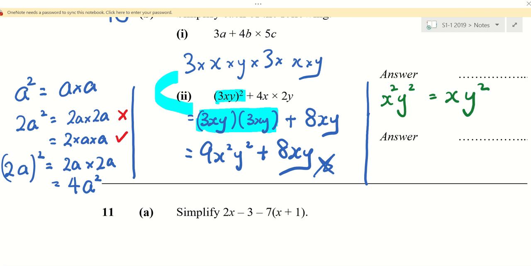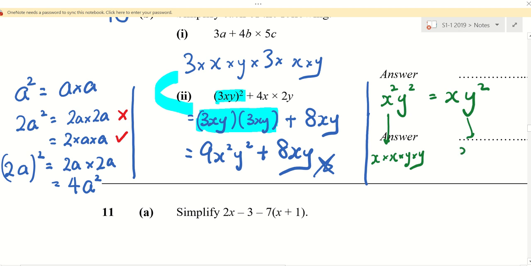X times x times y times y. The second one is only x times y times y. The second one only has 3 things. The first one has 4 things.